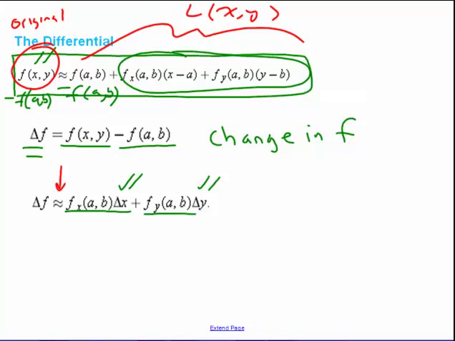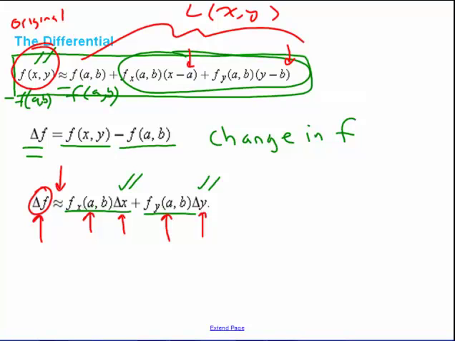But for values of x and y close to a and b, if I take the change in x and multiply by the partial with respect to x, and the change in y multiplied by the partial with respect to y, it will roughly give me my change in z, the change in the dependent variable. And so here's a way that we can approximate how our dependent variable changes given a small change in x and a small change in y.